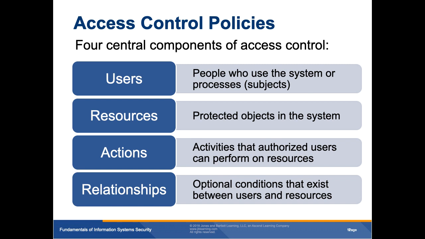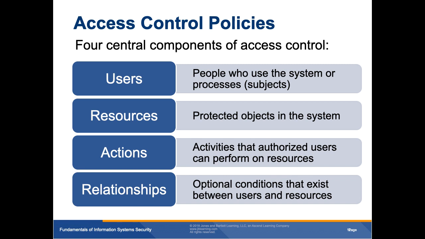We have four central components of access control. We have users, resources, actions, and relationships, right? So users, or as the book tries to call them, subjects, are people who use the system.